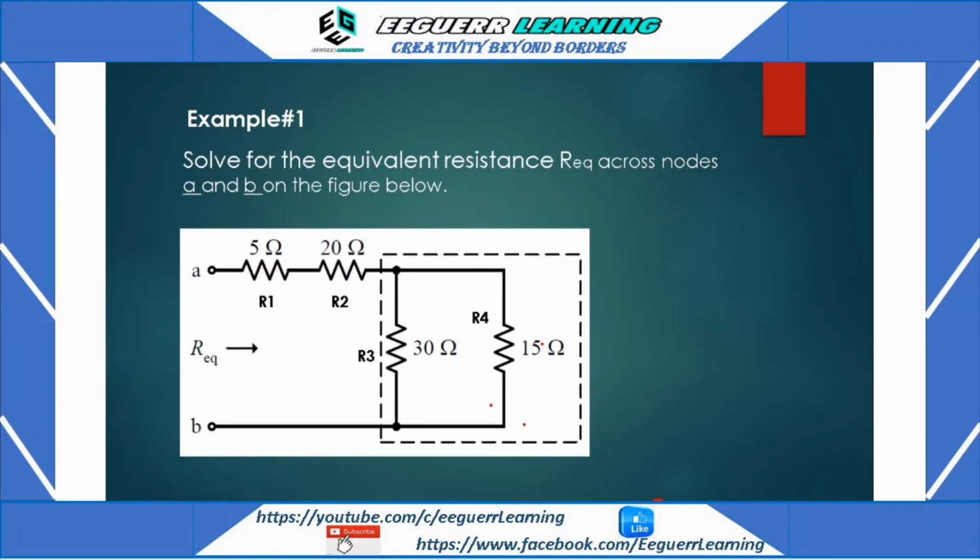So node A is this one, and we are tasked to solve up to node B, which is this one. So we are required to solve the entire circuit from A to B. Okay, so let us continue.